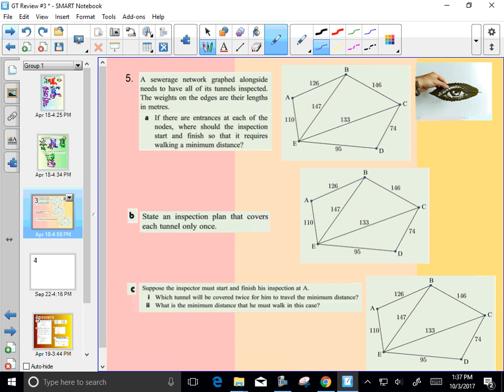And then the last one, sewage network, got to end up with a sewer problem. If there are entrances at each of the nodes, where should the inspection start and finish so it requires walking a minimum distance? So if I started with B, you want to walk the whole thing, you just go like this, and you've walked all of those, right?